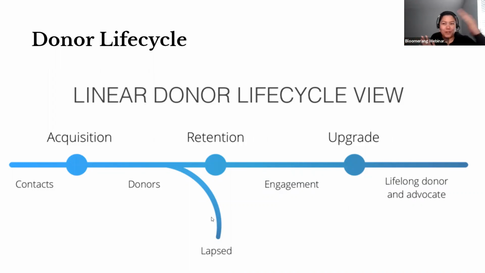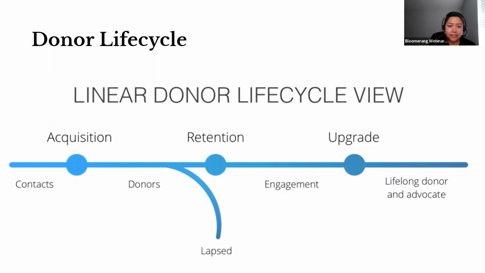You want to keep your contacts on that same timeline, turn them into new donors, turn them into recurring donors until they get retained, they get upgraded, creating lifelong donors and advocates for your organization. As time goes on, of course, donors should eventually elevate to giving more relative to their activity, to their abilities, and finally, really truly advocating for your mission.